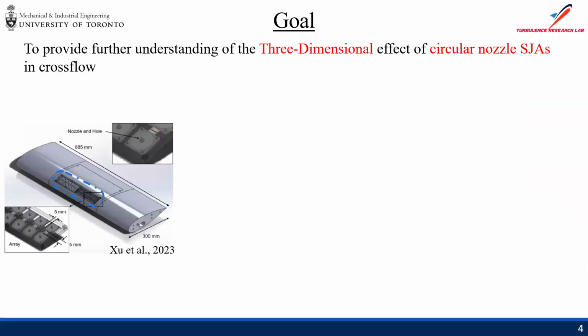Now, the goal of my work was primarily to look at this with more of a 3D aspect, especially on circular SJAs in a crossflow environment. Recall the smoke visualization I showed two slides ago, where the separation was controlled. That was only taken at the mid-span of the airfoil.